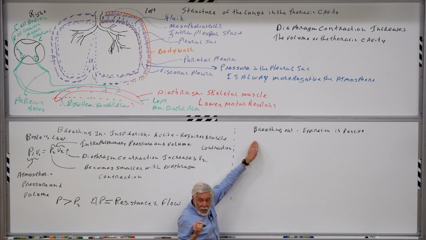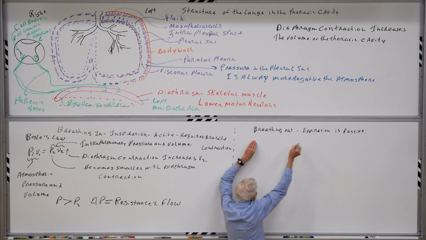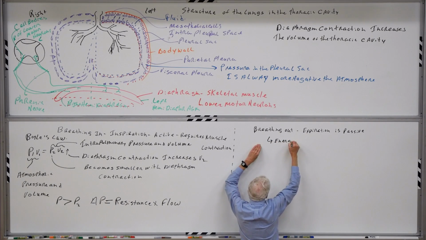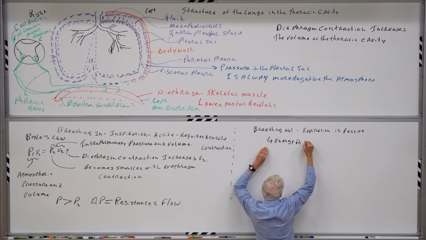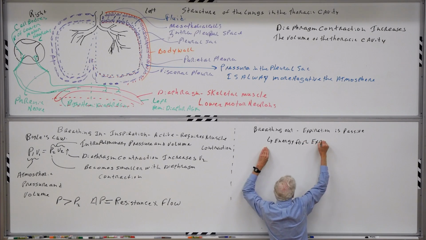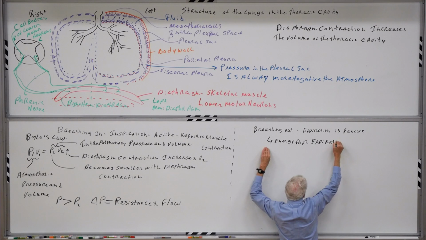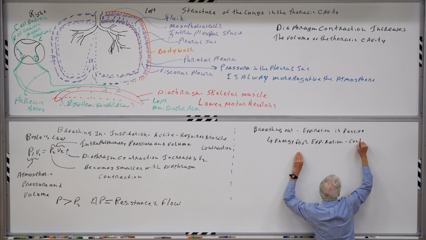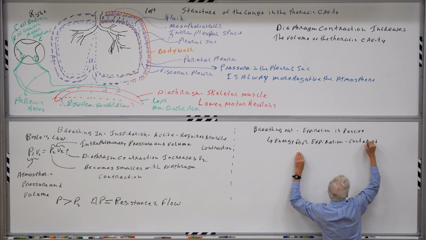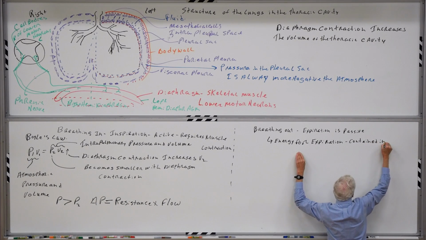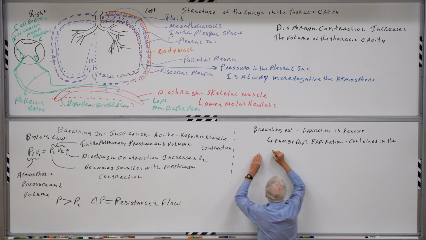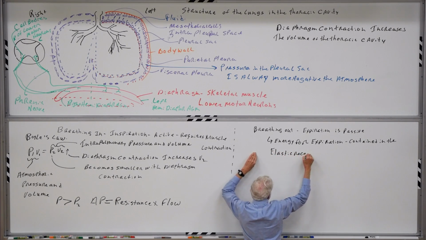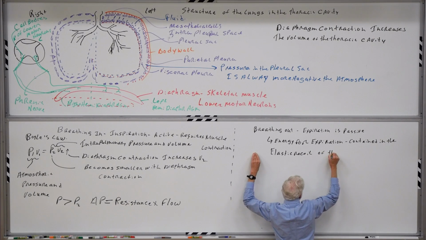The energy that is used to breathe out, the energy for expiration, is contained in the elastic recoil of the lung.